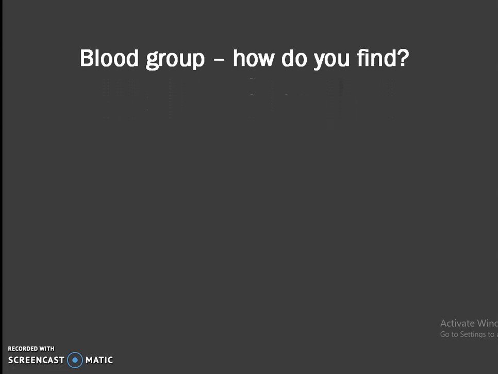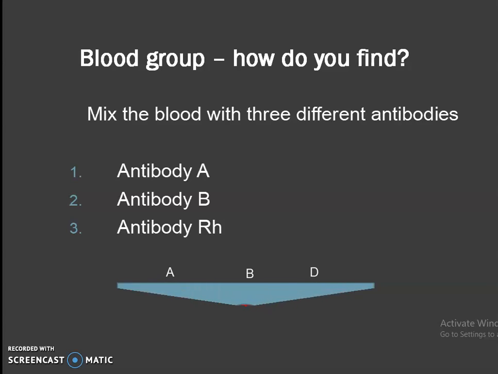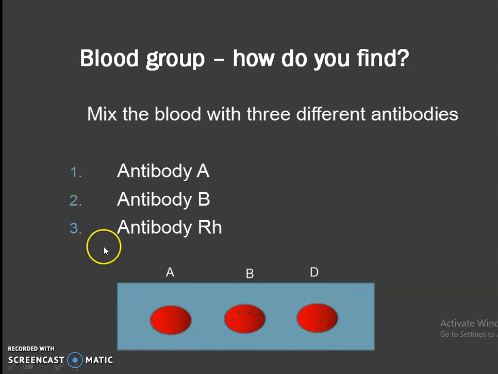Now we are going to discuss how to identify different blood groups, that is A positive, A negative, and so on. Take a glass slide with 3 grooves.